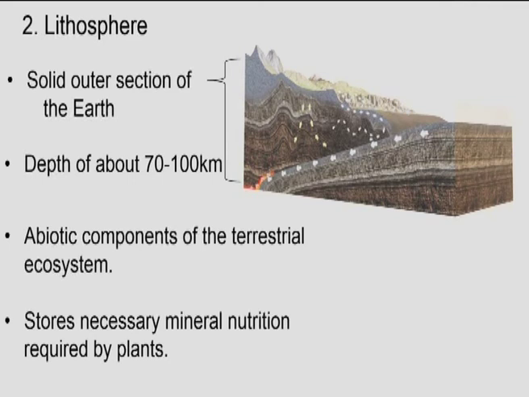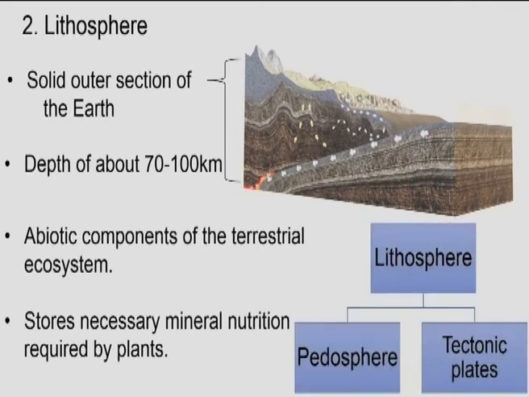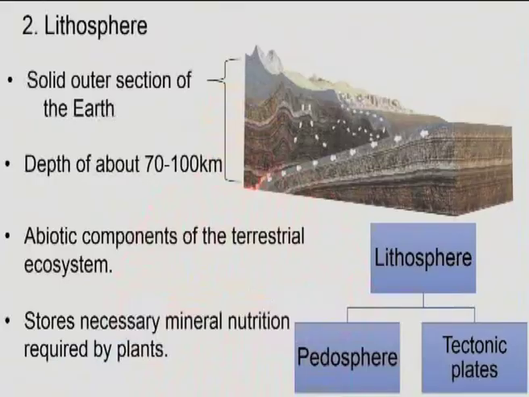Plants derive necessary minerals from the lithosphere. The lithosphere is further divided into two categories: the pedosphere and tectonic plates. The pedosphere is the layer of soil and soil formation processes. Tectonic plates are the fragments of the lithosphere, which are in continuous movement because of energy derived from the inner core.